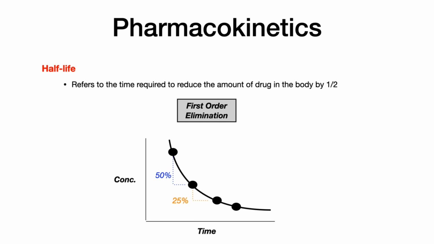Because you started at 100, went through your first half-life and reduced it by 50, you had 50 left over, and then you went through the second half-life and reduced that 50 by half, which is reducing by 25. And then the same thing will happen at the third half-life. Now you've already reduced by a total of 75%, which leaves you with 25% left over. Therefore, the next half-life will reduce half of that 25%, which means it will reduce 12.5%.